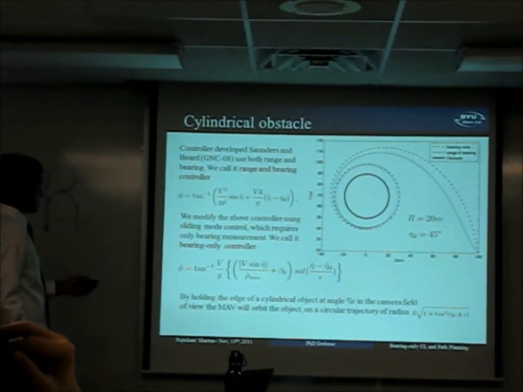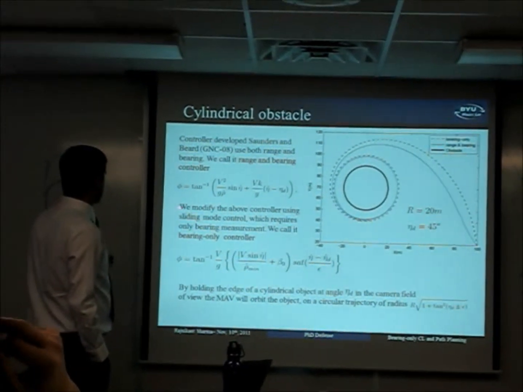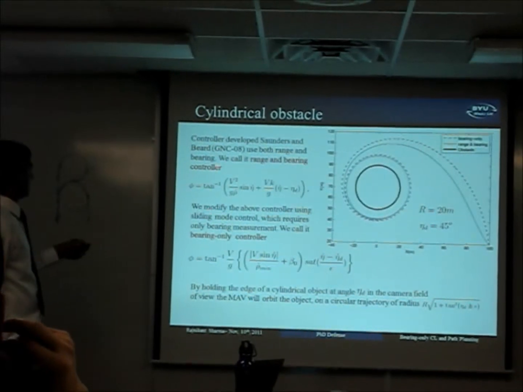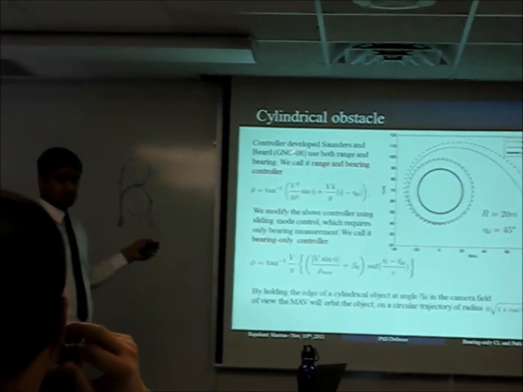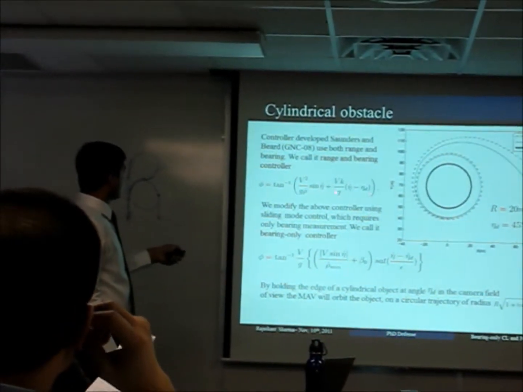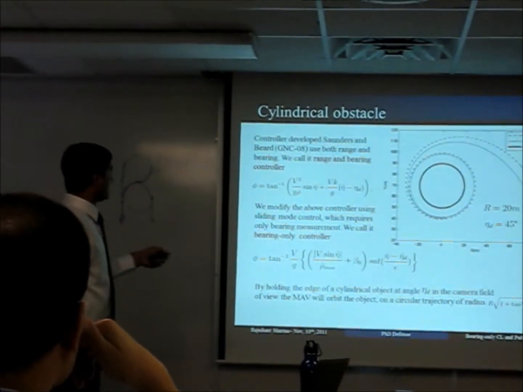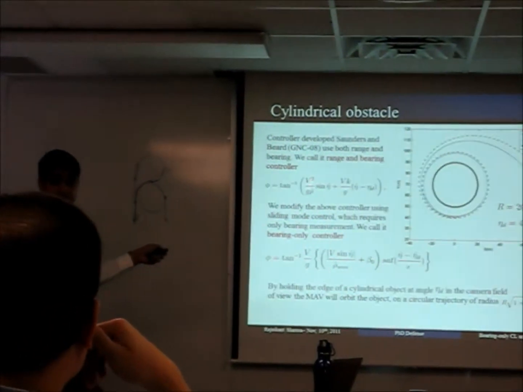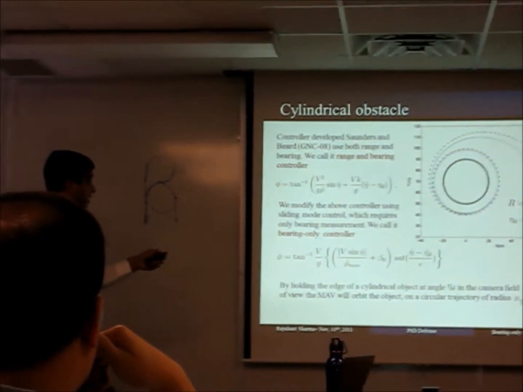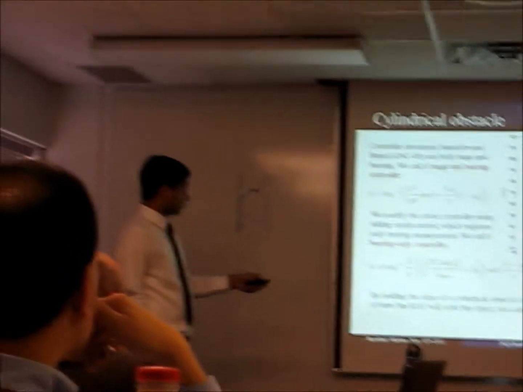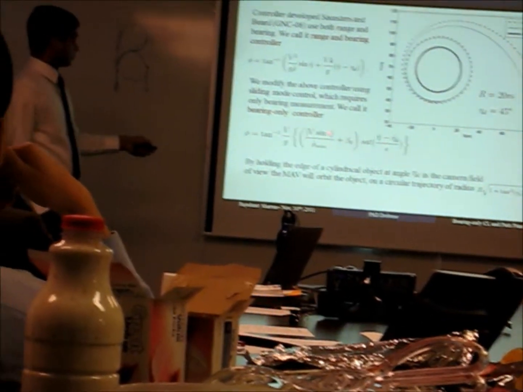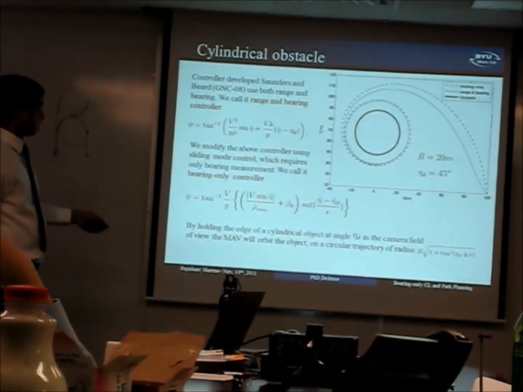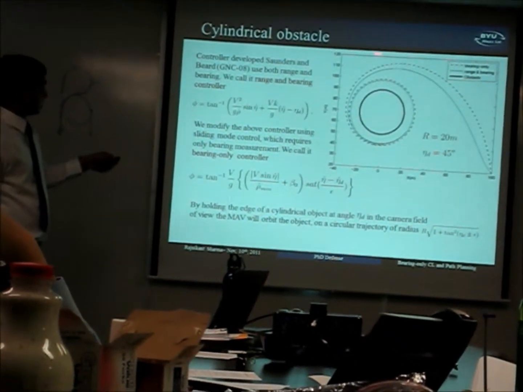So this graph shows the controller earlier derived by Jeff Sanders. He was also a previous MAGICC Lab student. He had this controller, and you can see that it requires range measurement. The correction we made was to use a sliding mode controller, and this rho min is just a constant, any constant. Using this controller we can get a trajectory similar to this.